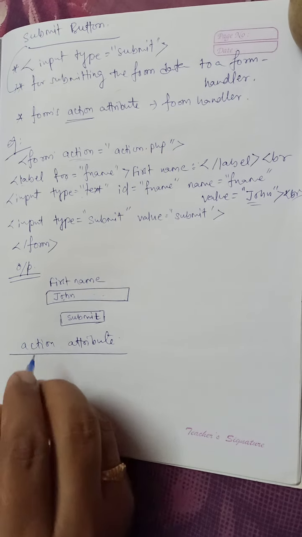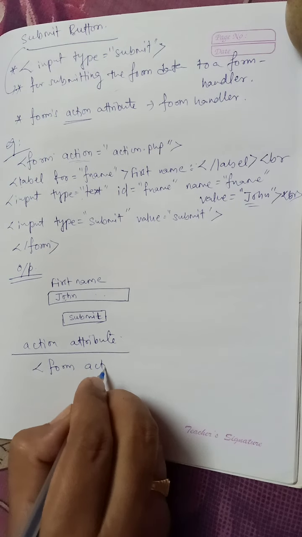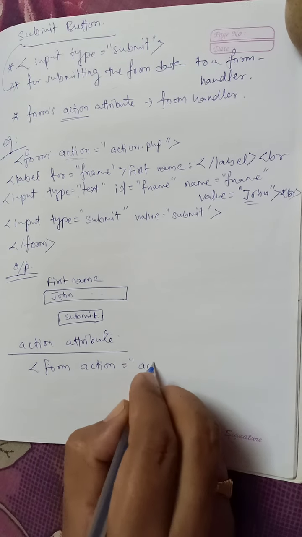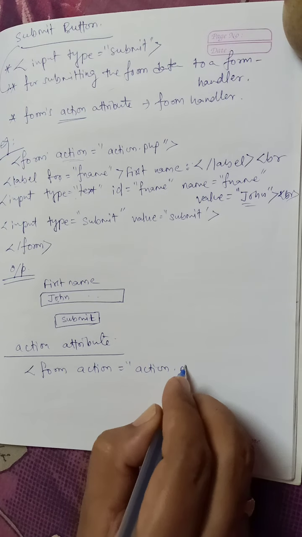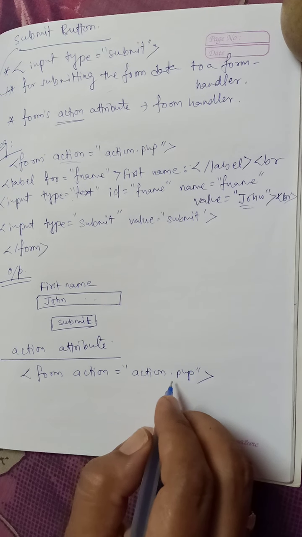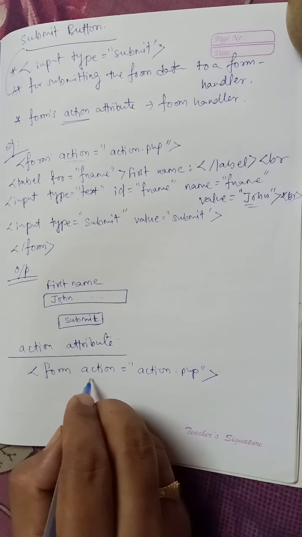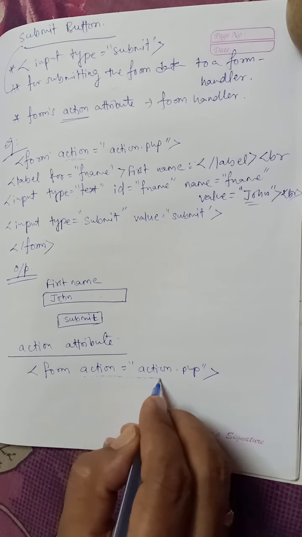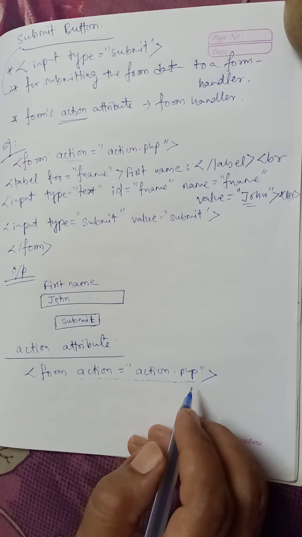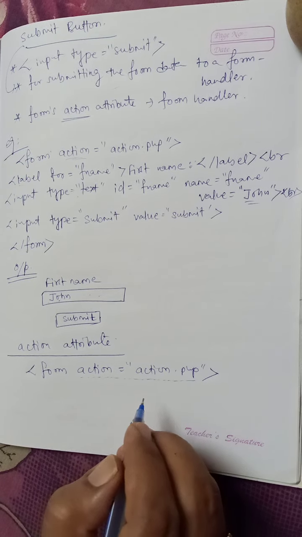As in the above example, we have written form action equal to action.php. If the action attribute is omitted, do you think no action is taken? No, action is taken, but the action is set to the current page itself.